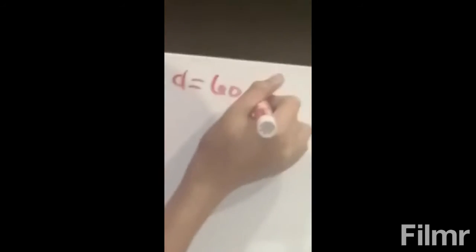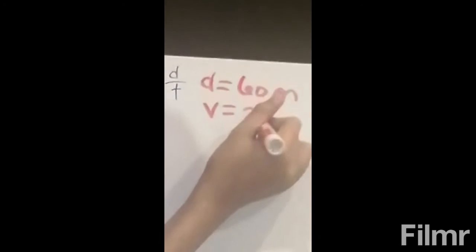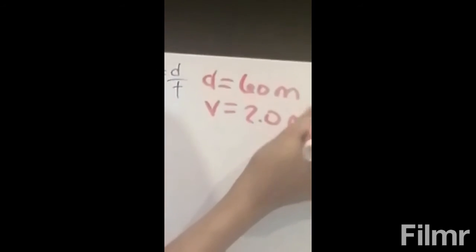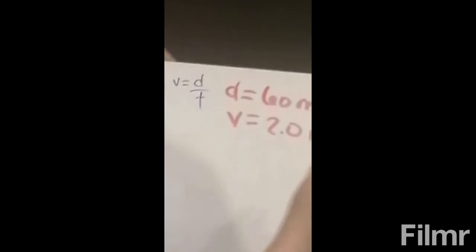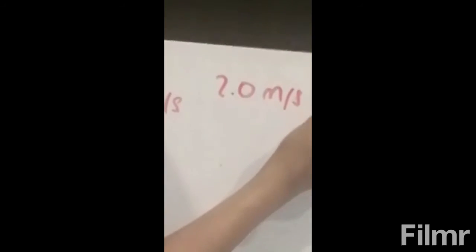And we know that distance is 60 meters and the velocity equals 2.0 meters per second. So we take the velocity and put it here, and we divide it into 60 meters over time.